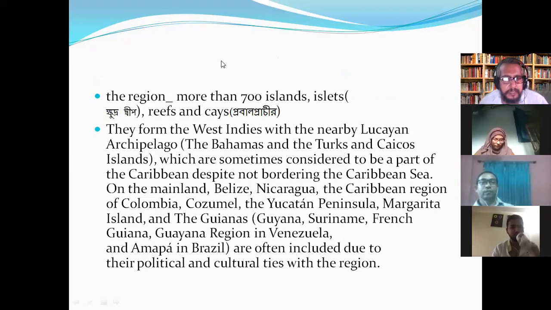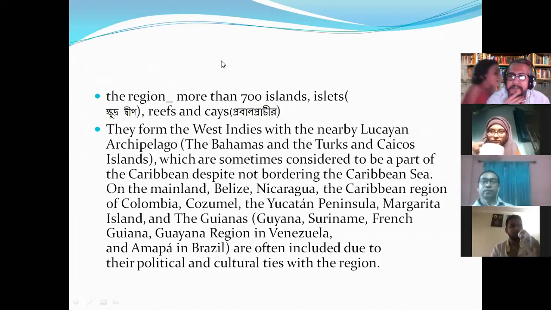They are from the West Indies with the nearby Lucayan archipelago, the Bahamas, the Turks and Caicos Islands. All are called the Caribbean countries.